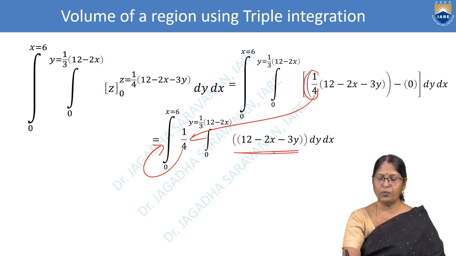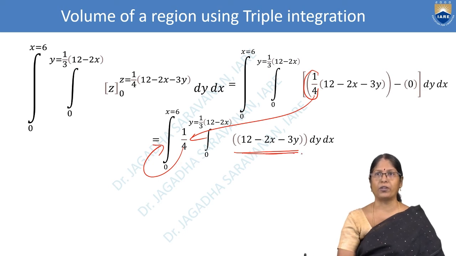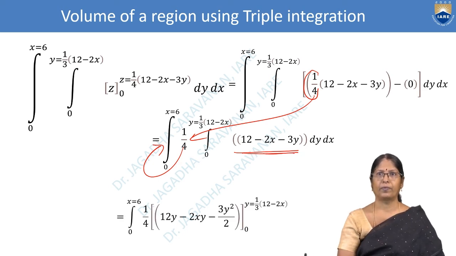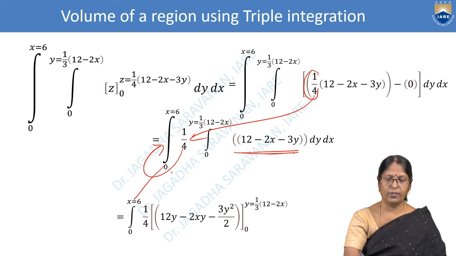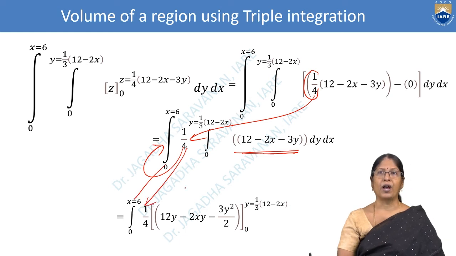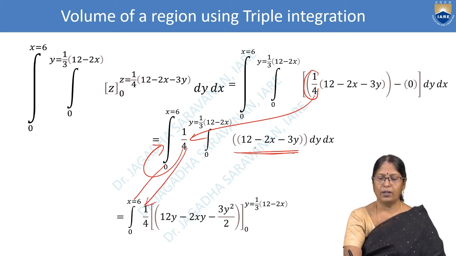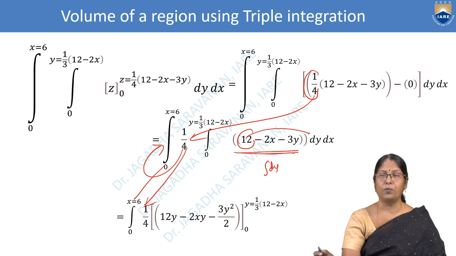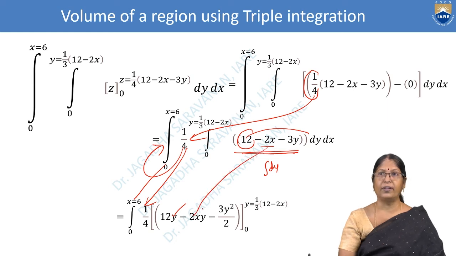So now this we have to do with respect to y. So this we have written as it is. Here 12 is there, integral dy, 12 into dy. So integral dy is y. This minus 2x is as it is.